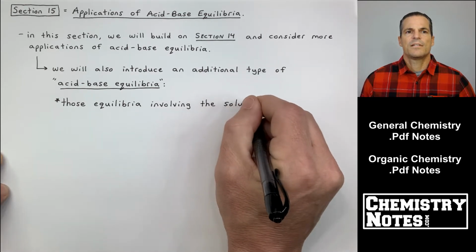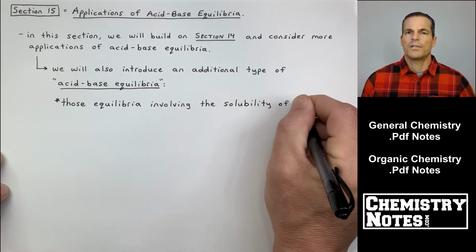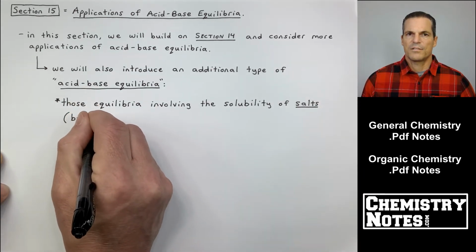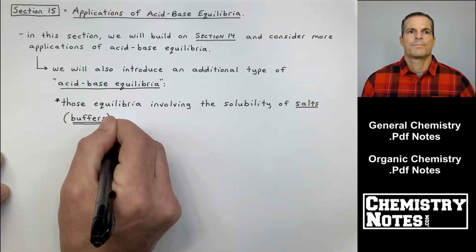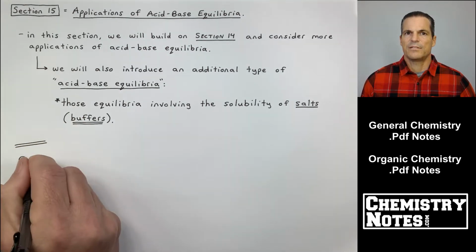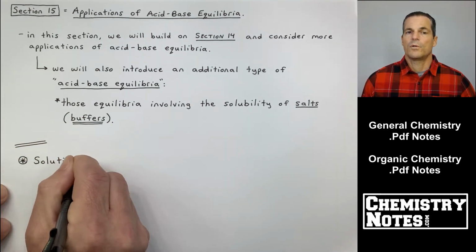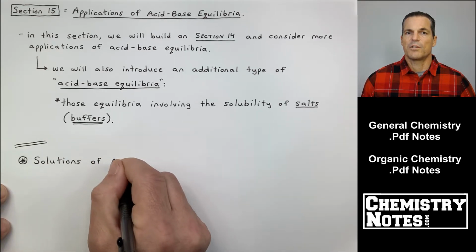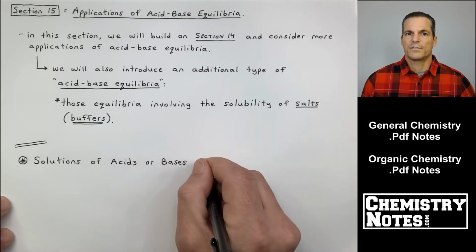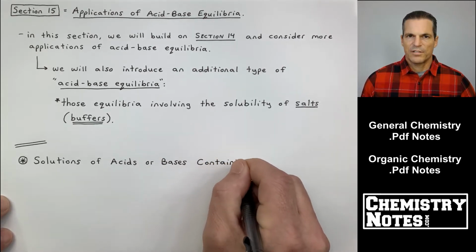It says, in this section, we're going to build on section 14 and consider more applications of acid-base equilibria. We will also introduce an additional type of acid-base equilibria. Those will be equilibria involving the solubility of salts or buffers. So that is not a very good definition of buffers.